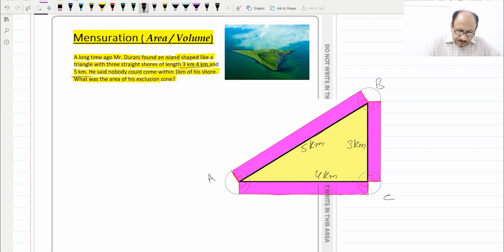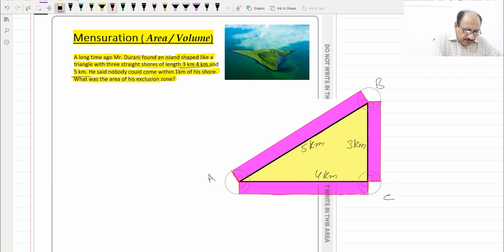After that we need to find the angles. The angle of a rectangle we know is 90 degrees. So all the rectangle angles I have indicated, for example this angle I have indicated as 90 degrees, this angle as well, and similarly the other rectangle angles I have shown as 90 degrees.